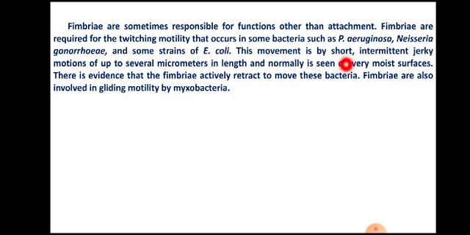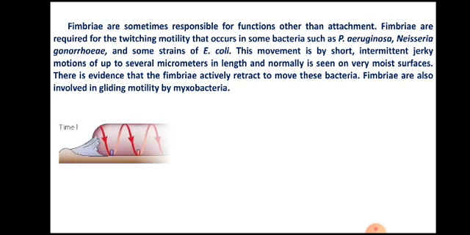So this movement is with the help of these short appendages. These are intermittent jerky motions, and these movements are also seen in myxobacteria, where they are responsible for movement which is called gliding motility.